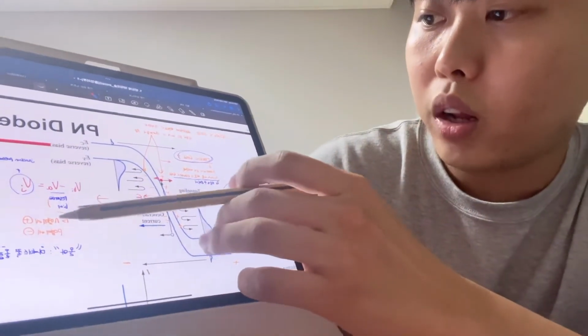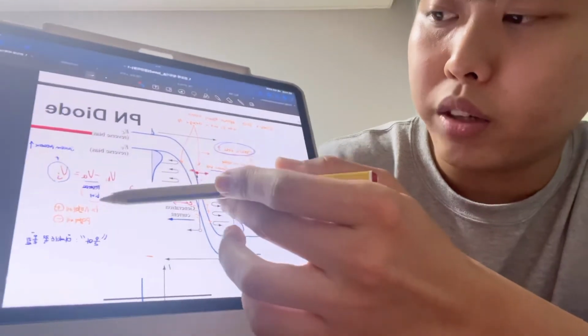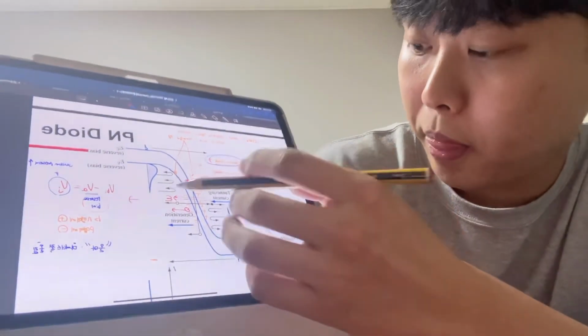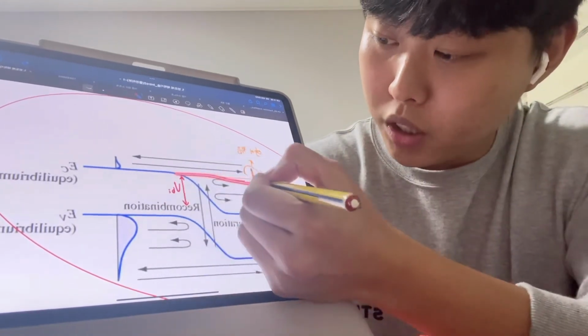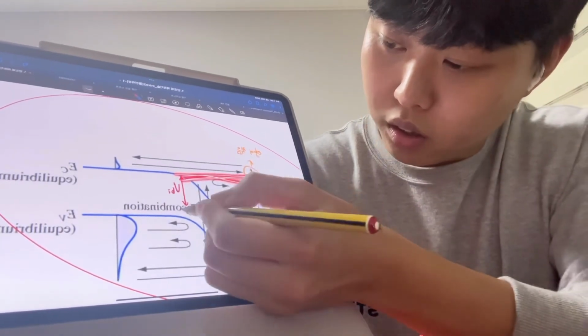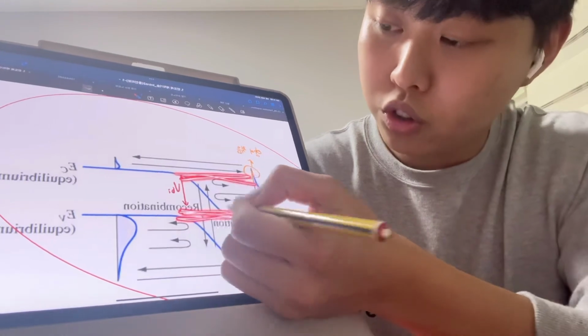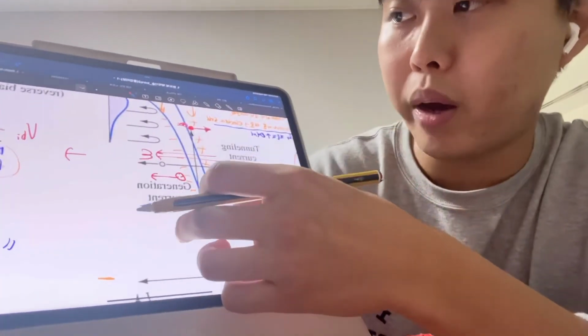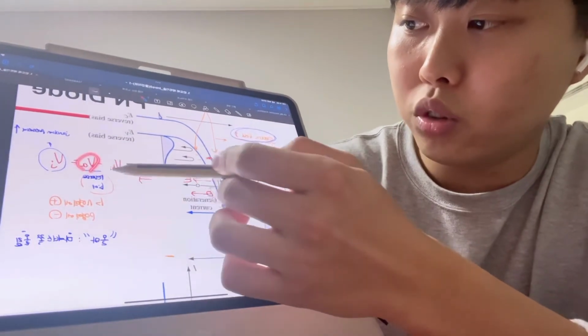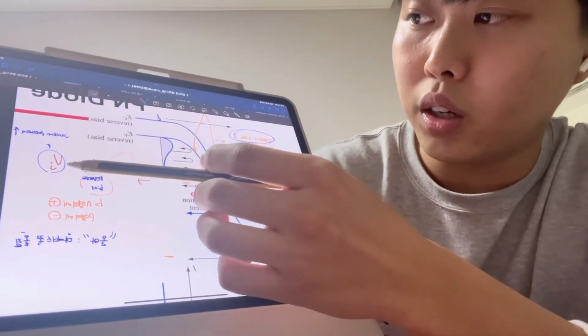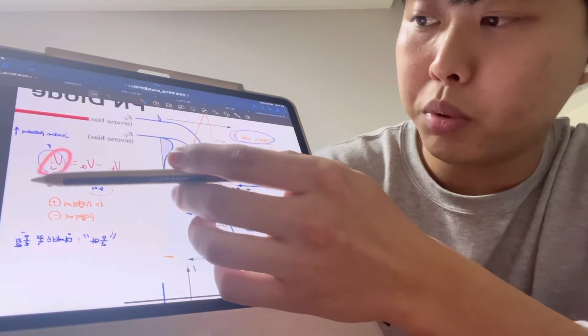So what it means to give a bias is that we call this point the built-in voltage, and when you give a bias to the built-in voltage, it gets a junction potential.